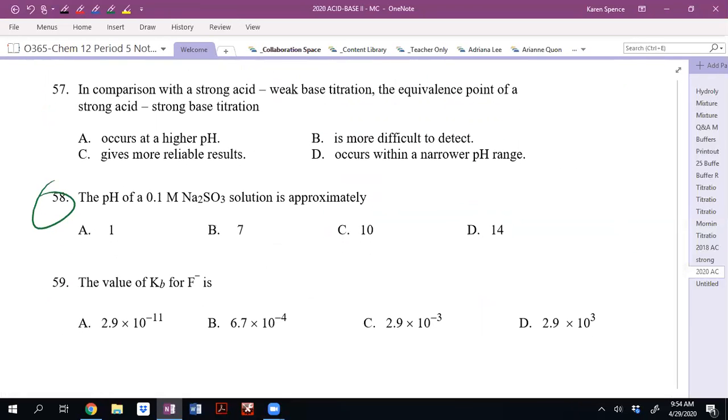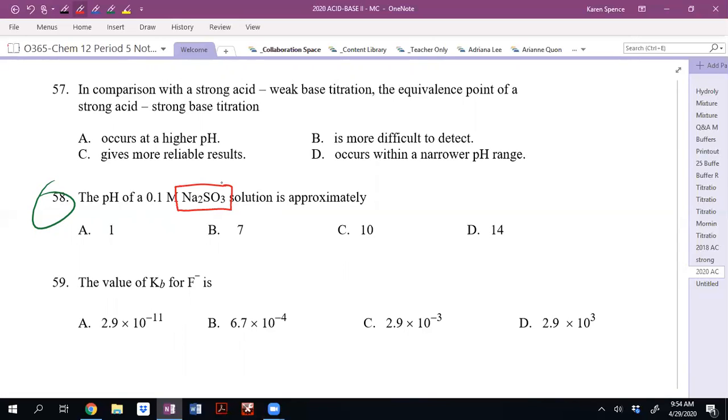58. The pH of 0.1 molar Na2SO3 is approximately... okay, you can do some calculations here, or you can look at this and ask, is this an acid, a base, or a salt? It is a salt.